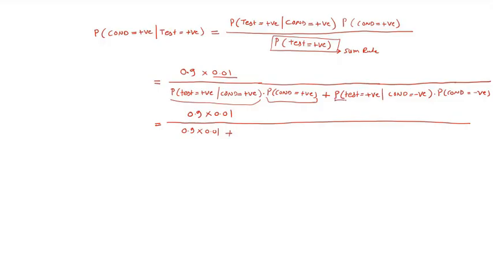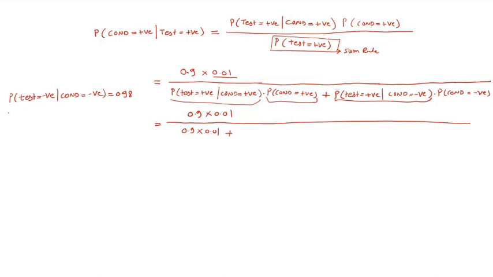So this you can find out from the specificity. Specificity is given to us as the probability that test is negative when condition is negative. So this is equal to, I think, 0.98.